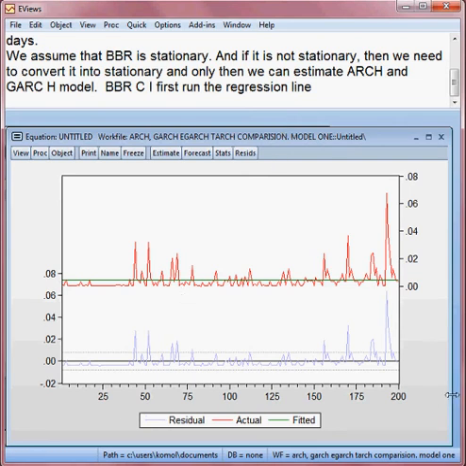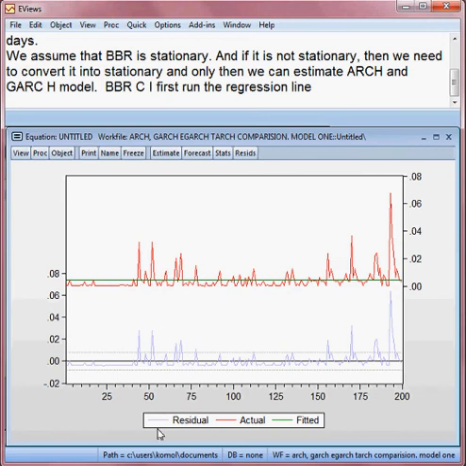You can see from here, the residual is this one, the blue color. It is the residual of our model. Here this is day number 1, day number 2, day number 25, up to day number 200.